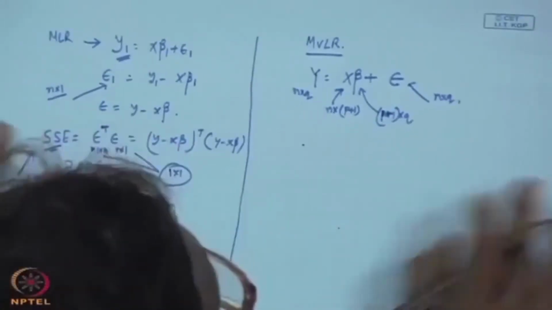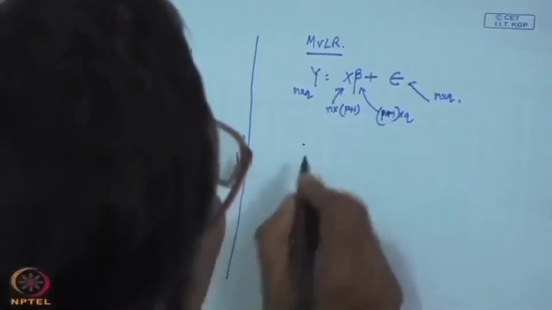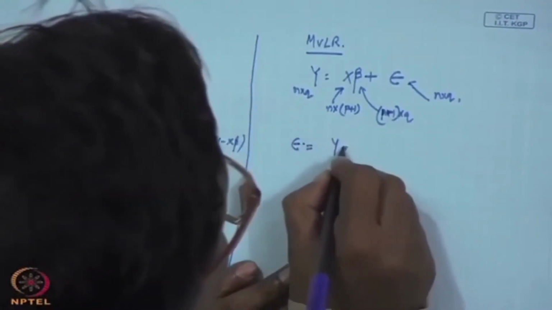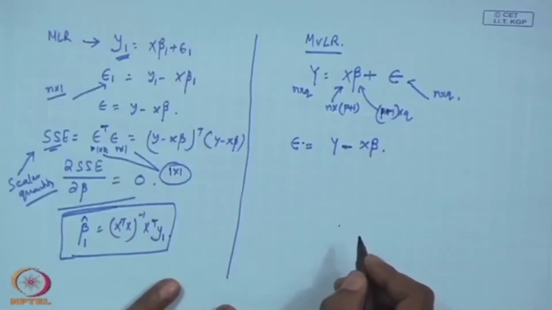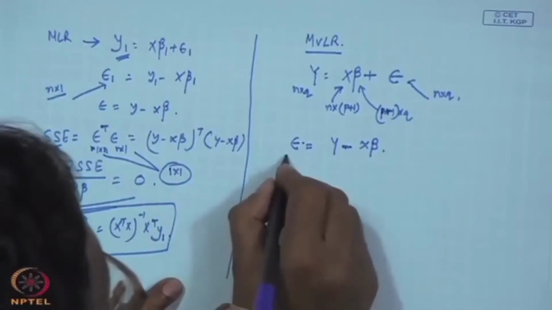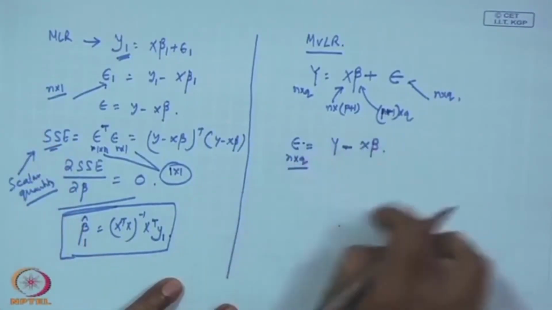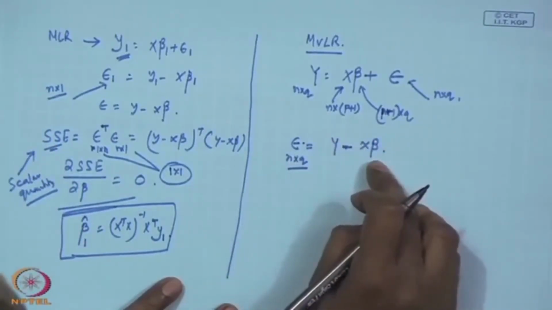We want to see our error terms. So, error epsilon is now y minus x beta. So, error is n cross q. In the same sense, y minus x beta is n cross q.